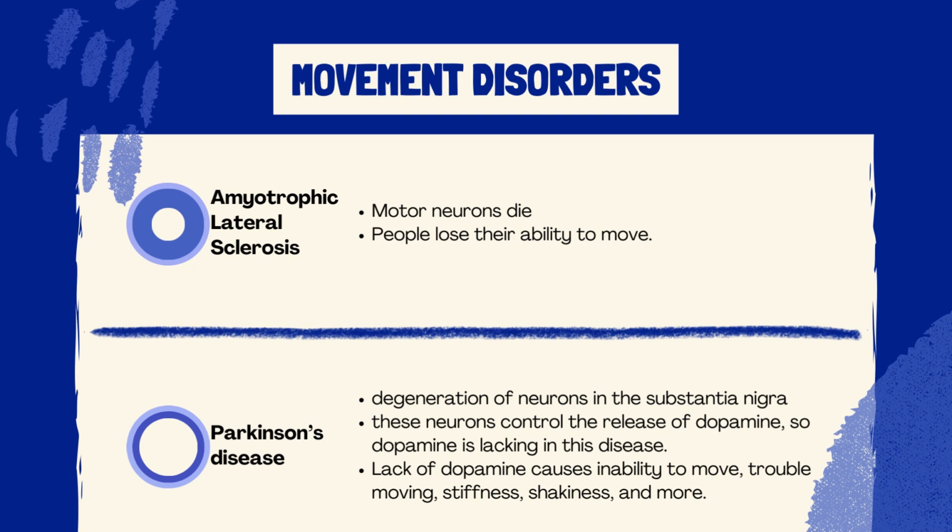So, for example, if you eat a candy, it gives you pleasure because of dopamine. Dopamine just decodes it as pleasure. And lack of dopamine means lack of pleasure, trouble moving, stiffness, shakiness, everything that's negative relating to movement.